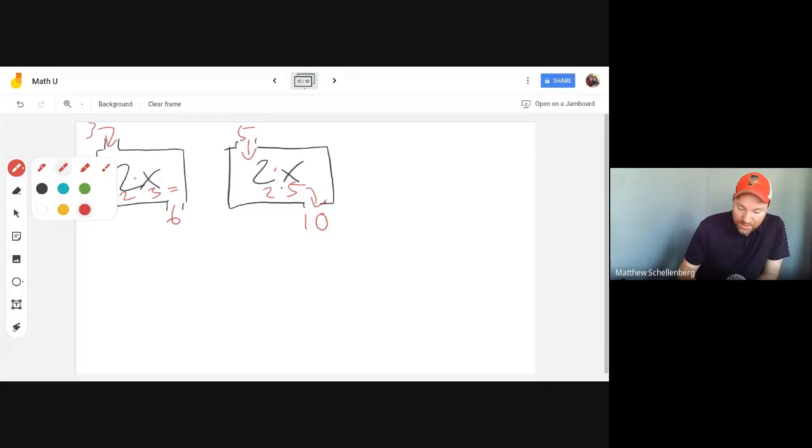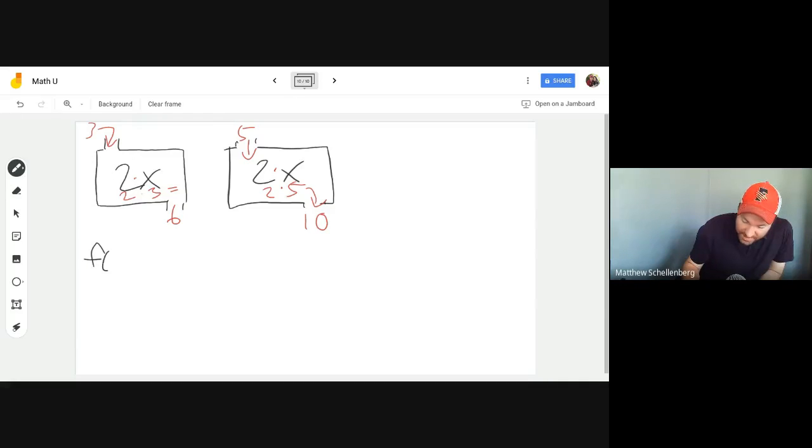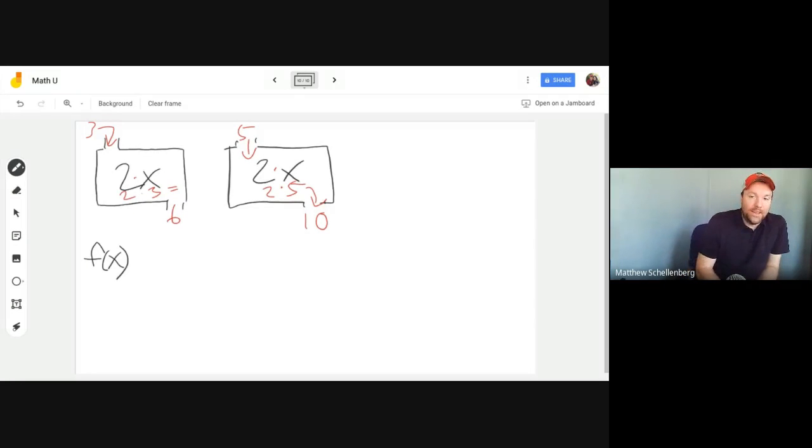Sometimes I don't want to write the whole box. We don't want to have to, every time I plug something in, write that big old box. No. And that's why we have a certain notation called f of x. Okay? F of x does not mean f times x. F just denotes that there's a function.